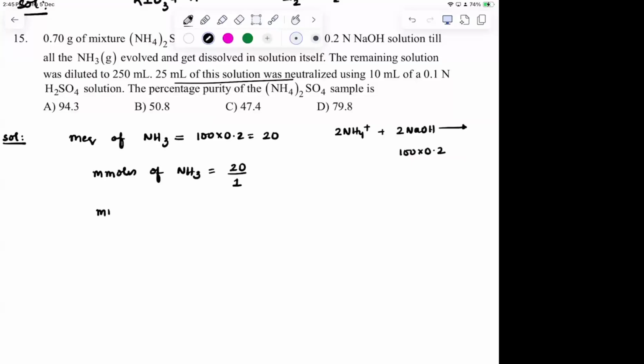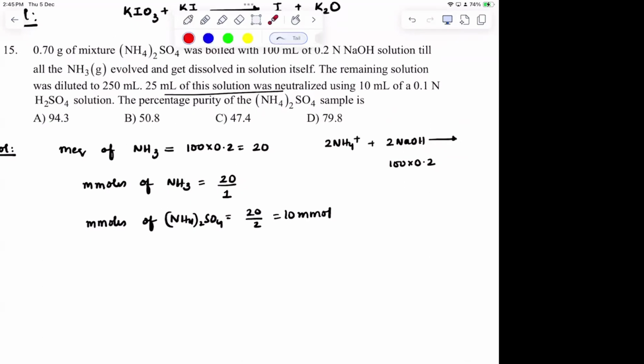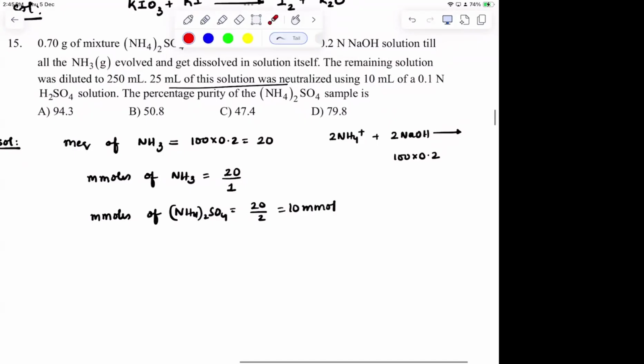But how much will be the millimoles of ammonium sulfate? Because here there are 2 moles of it, it will be 20 by 2. So it will be 10 millimoles of it. Correct. And the remaining amount was diluted to 250 ml. It may be diluted, but the number of moles will remain the same.